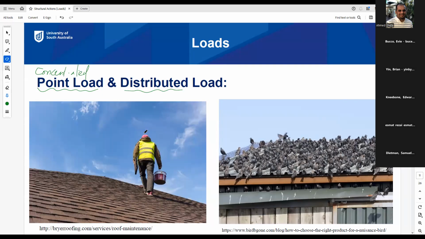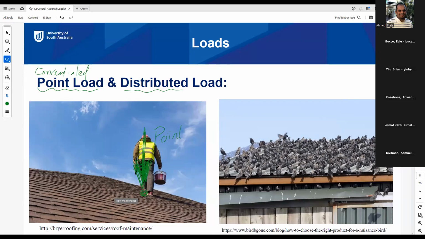This worker here, this tradie, is applying a point load at this point of the roof. So this can be considered as a point load.